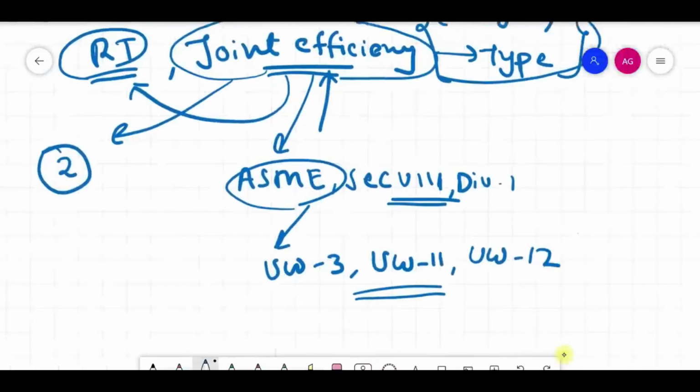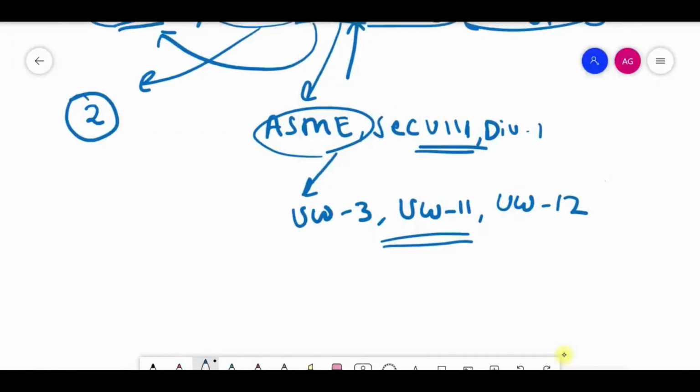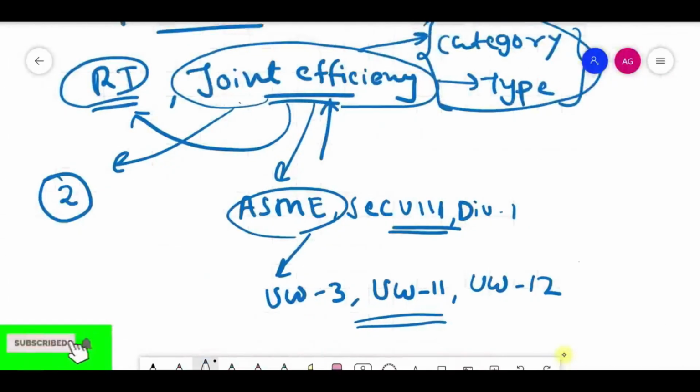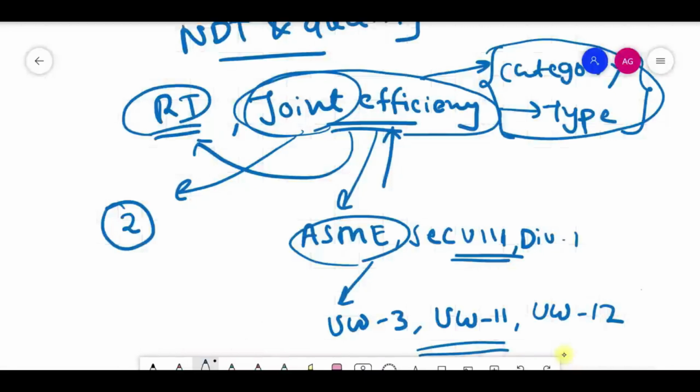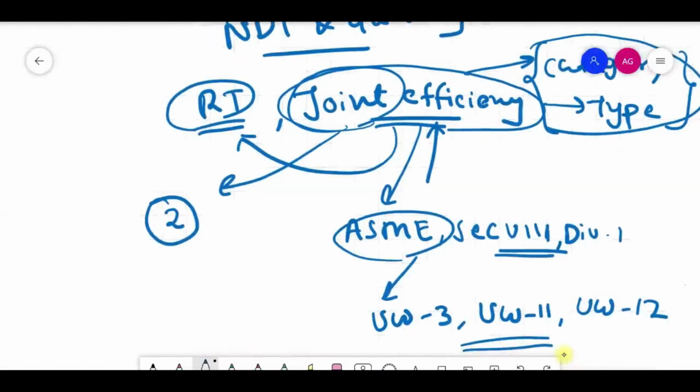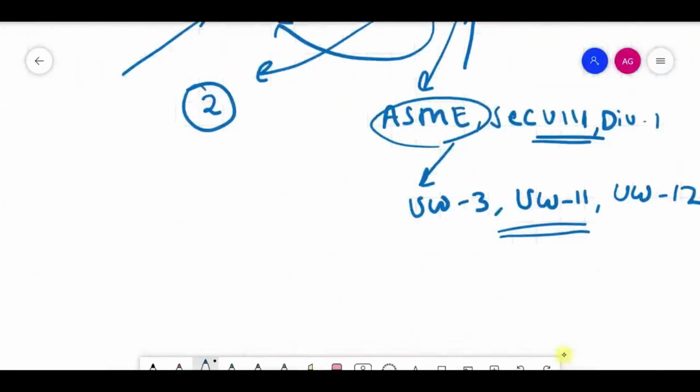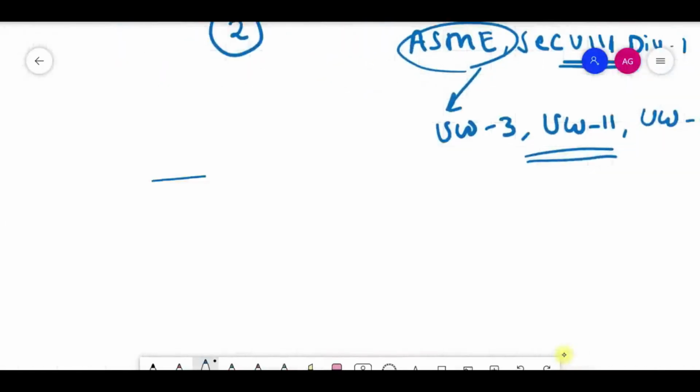We will tell you the complete idea in detail about how it works and how you can define joint efficiency. After you have defined joint efficiency, you will know how to do its radiography, etc., which is written in UW-11: which joint you have to do and how to do its radiography. We will see all these things in detail in both these videos.